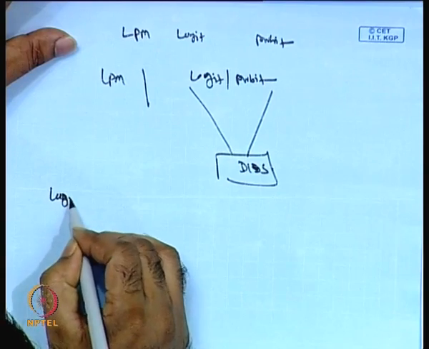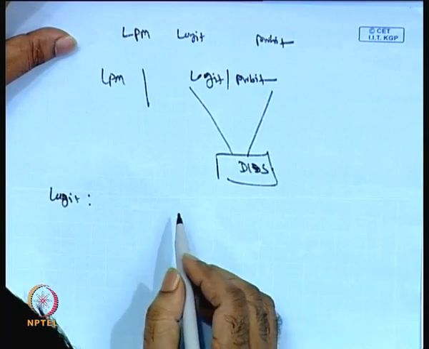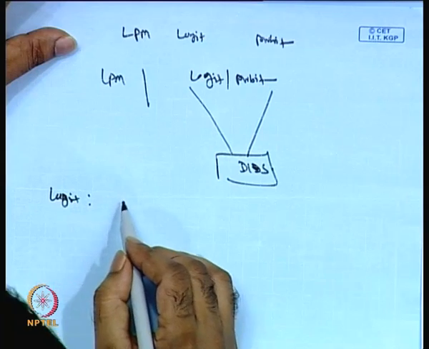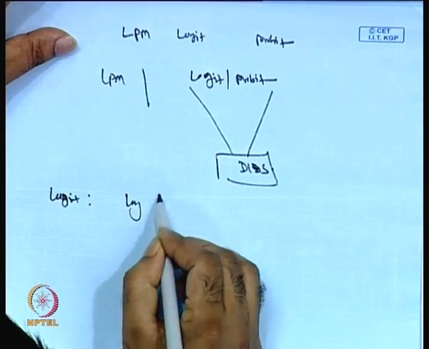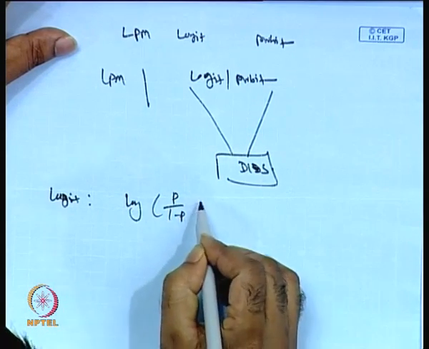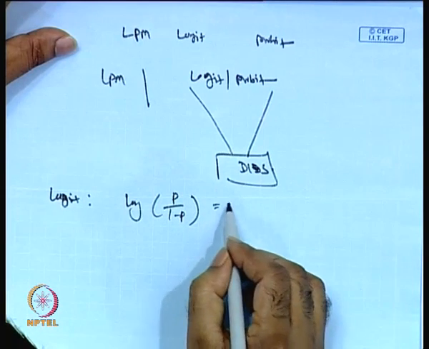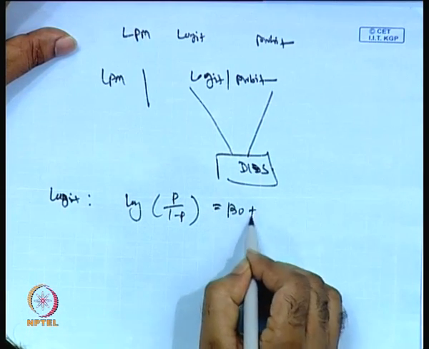So, what is the exact difference in the case of Logit? In the case of Logit, the probability mass function, I will go by the simple rule: log p by 1 minus p is equal to beta 0 plus beta 1 x.